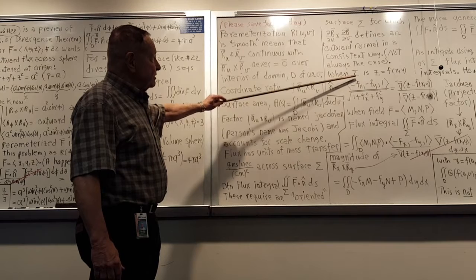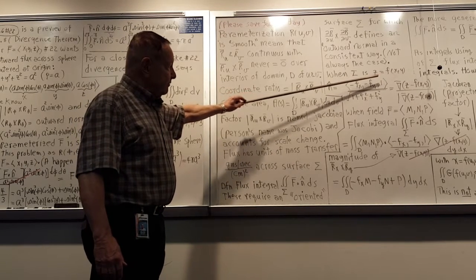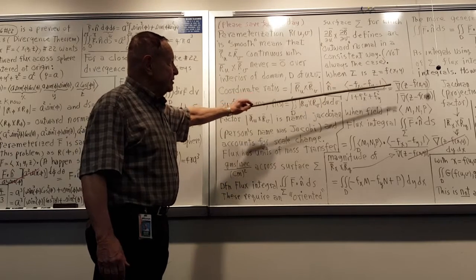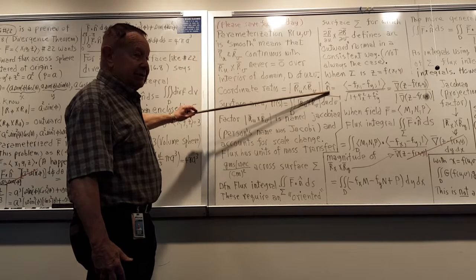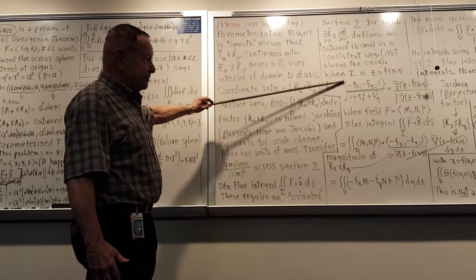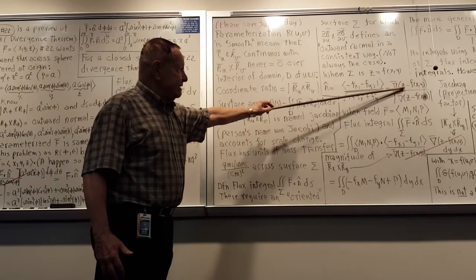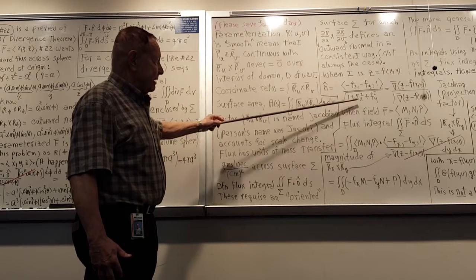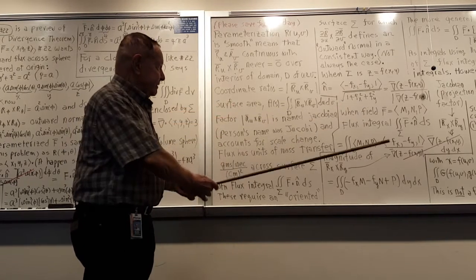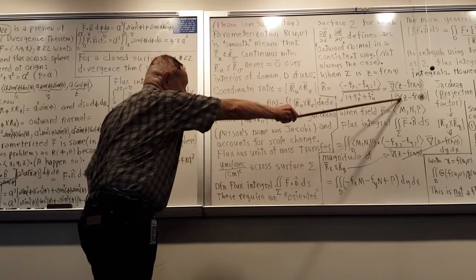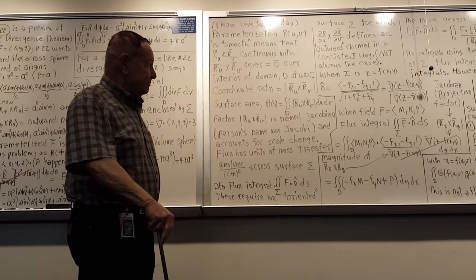So if you can define your surface as a function of x and y, then your outward pointing normal, which we first had in chapter 14, would be like this, the gradient of z minus f of x y, over the magnitude of that. And so this over its magnitude gives you the outward pointing unit normal.